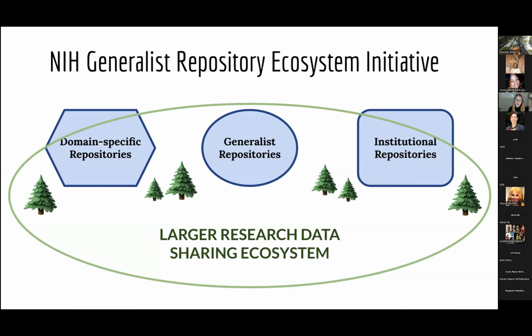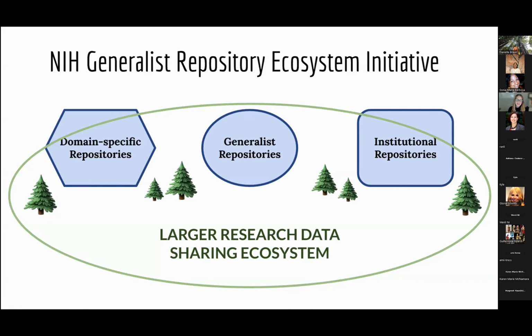We know there are repositories for sequence data, for protein structures, et cetera, and even in disciplines for cancer immunology. And even specific NIH institutes or centers often have their own designated repository as well. The one that comes to mind is the National Institute of Mental Health, which has their own data archive.